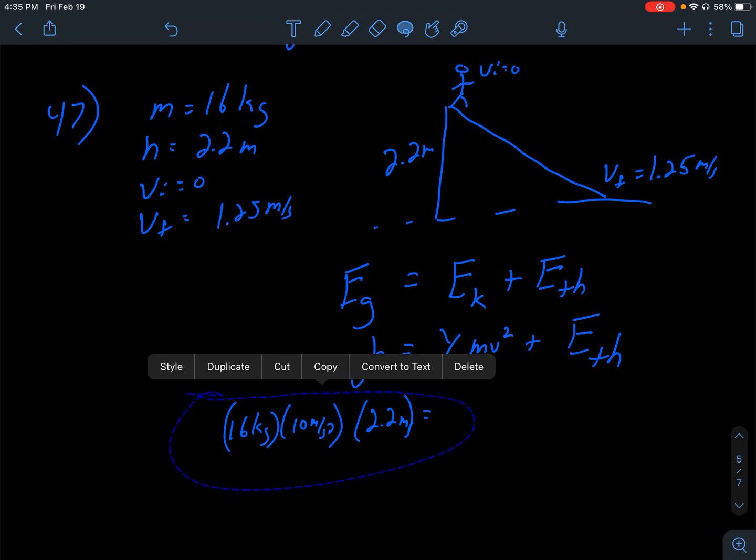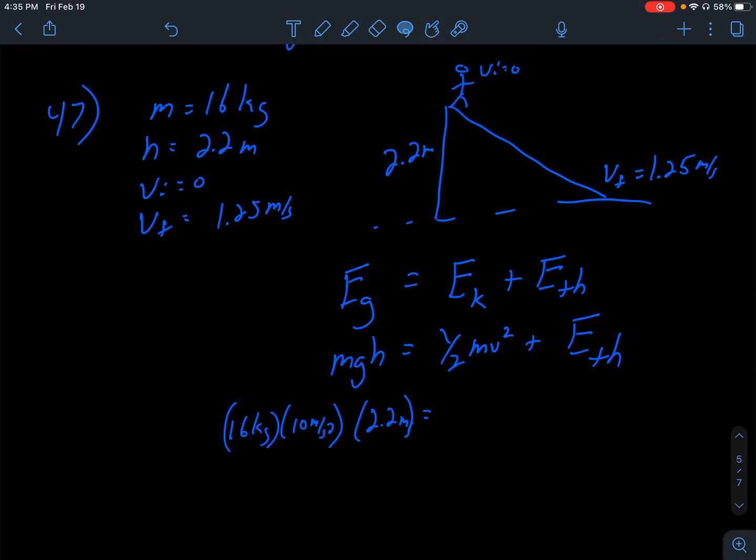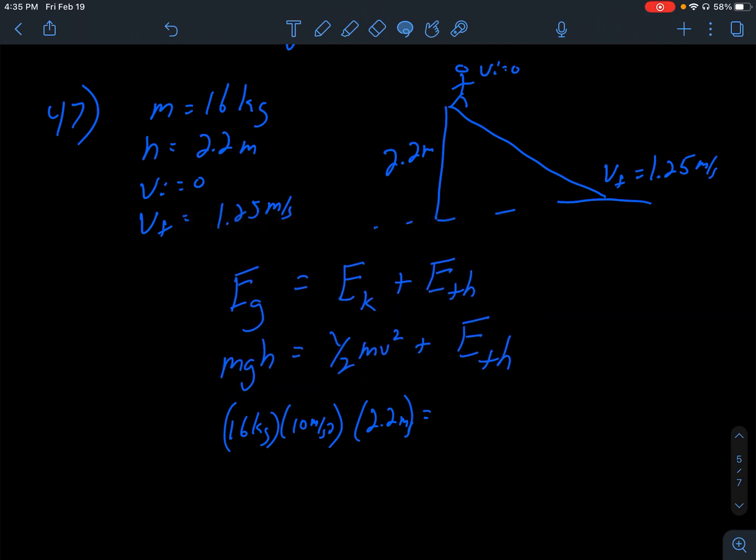I'll just move everything over. I tend to gravitate towards the right side.